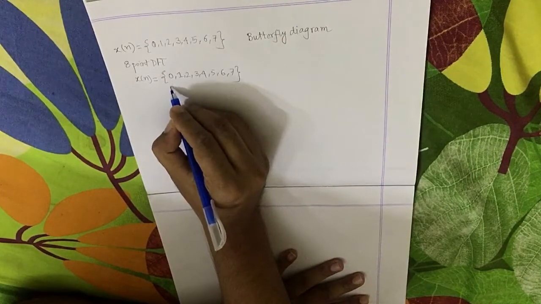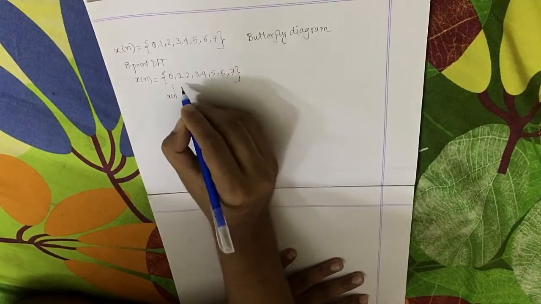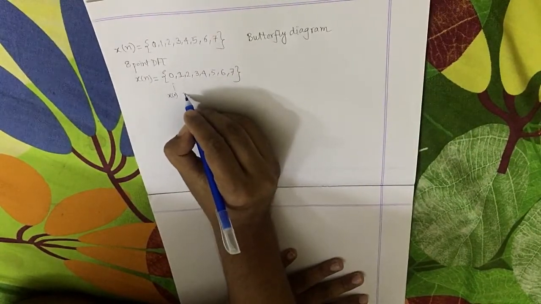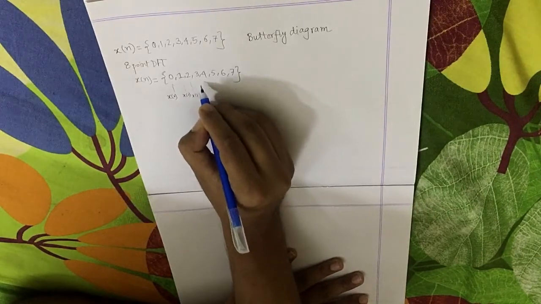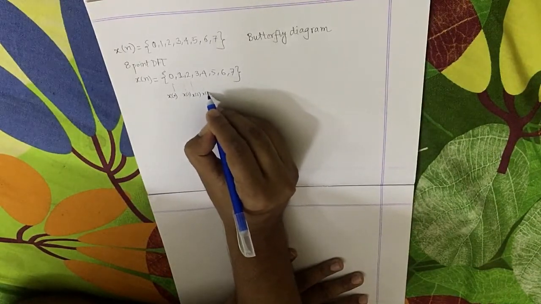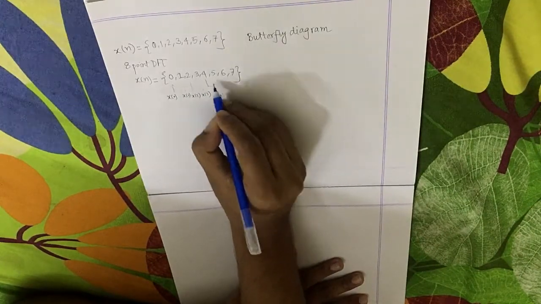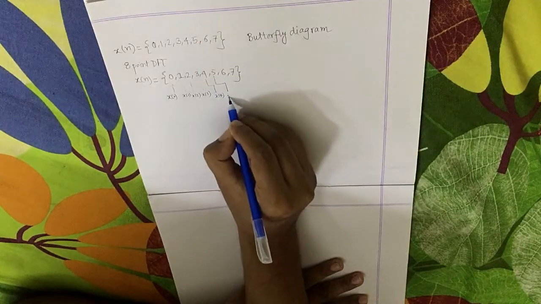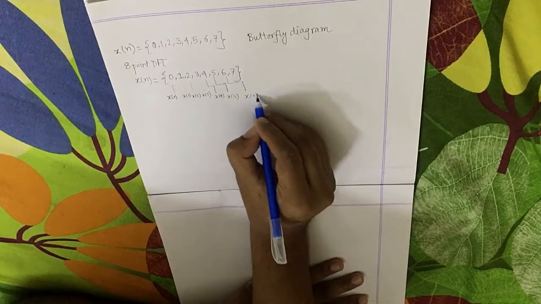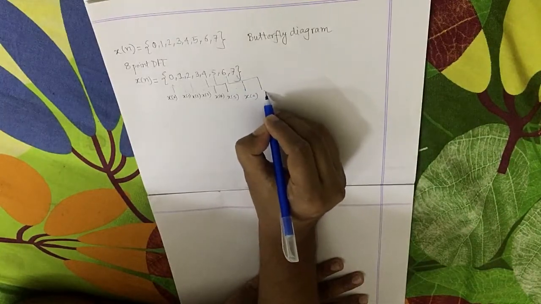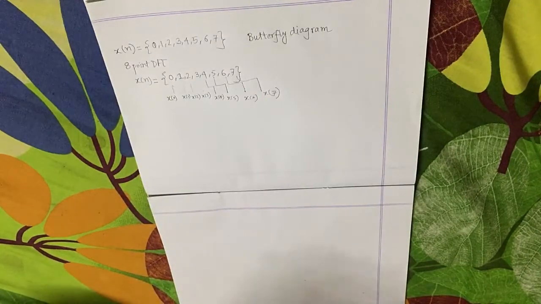There is an invisible arrow mark, and x of 0 should start from this place. This is x of 0, this one is x of 1, this position is x of 2, this is x of 3, this position is x of 4, this one is x of 5, this is x of 6, and this is x of 7. So these are all the indexes that we have.